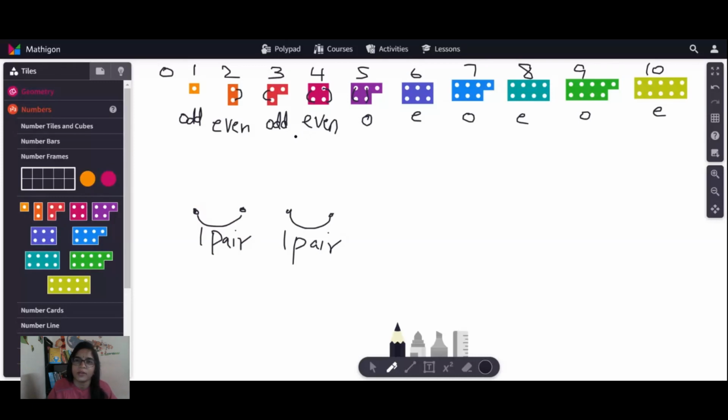That's what is important. Okay, if you have written all this right, then let's understand what kind of number 0 is. 0 does not have a pair, but it is not alone either, right? If it's alone, it is odd. So 0 also, we can say, is an even number because it's not alone.